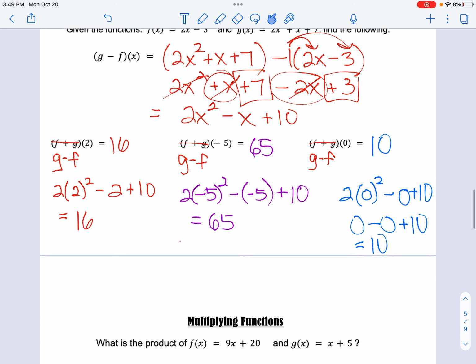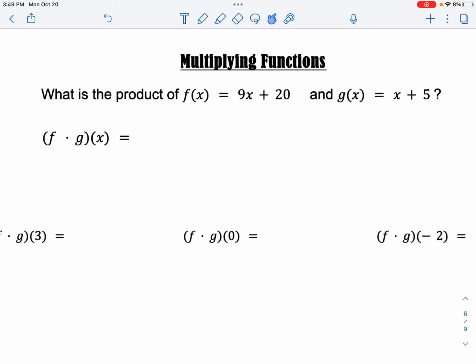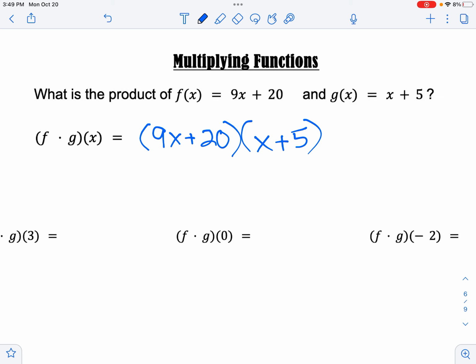All right, multiplying functions. This is where it can be a little bit trickier to navigate. So let's go, this is f times g of x. So this one, we're going to take f, which is 9x plus 20, and we're going to multiply that by x plus 5. Okay. So we're going to distribute everything.